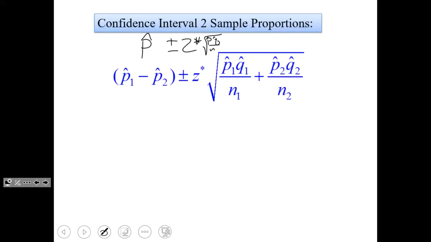Well, it's the same thing, except now we're doing the difference. So it's p hat 1 minus p hat 2 plus or minus the critical value times the square root of the sum of the variances, which is our standard deviation.